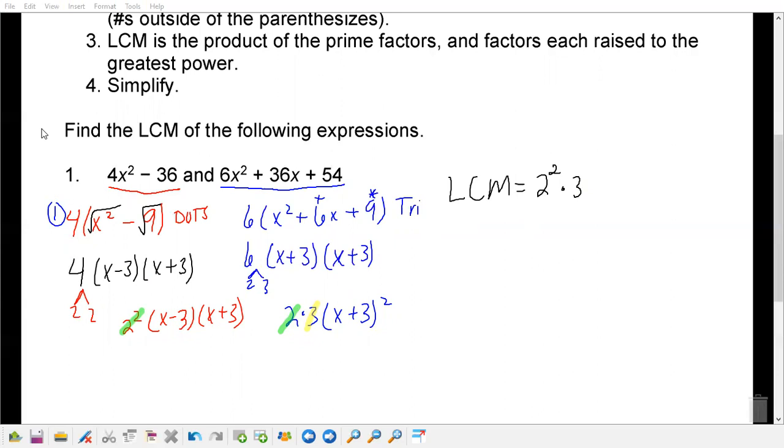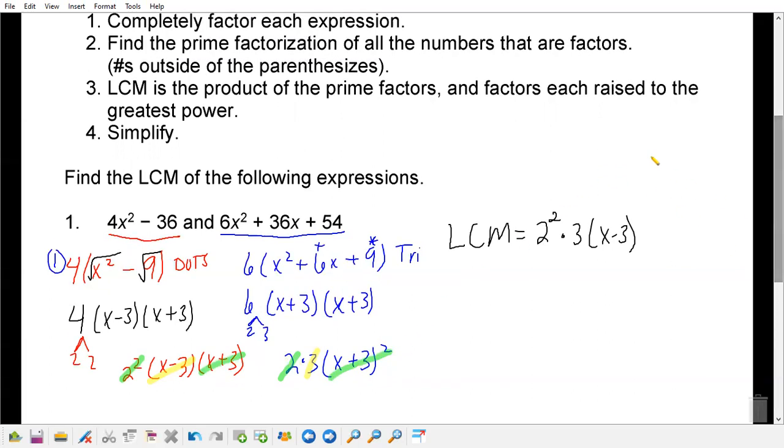Then I have x minus 3. x minus 3 is the only factor of its kind. So x minus 3 is going to represent. And then I'm down between x plus 3 to the 1 power and x plus 3 squared. It says that we're going to take the factors that are raised to the greatest power, right?